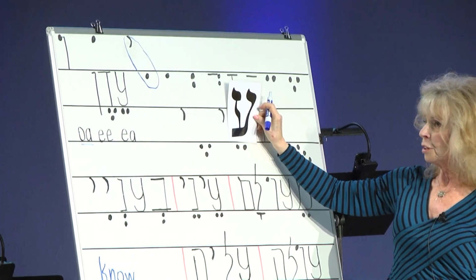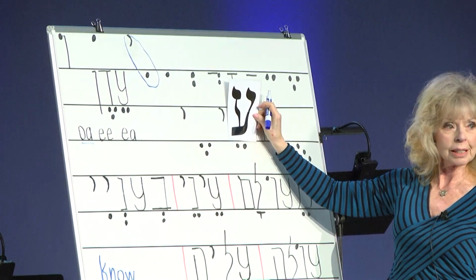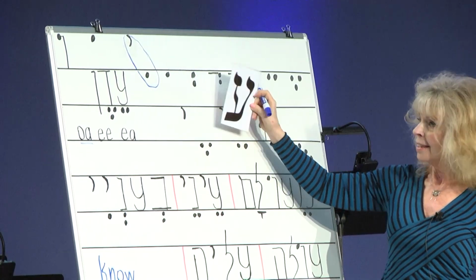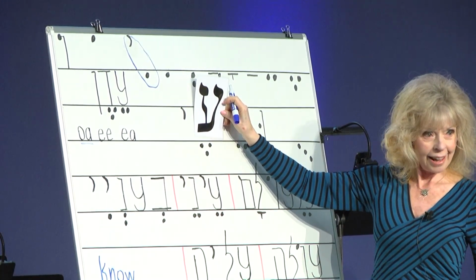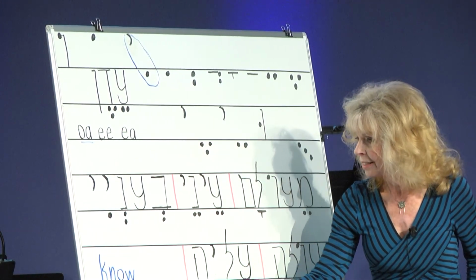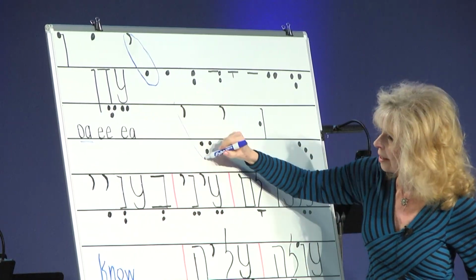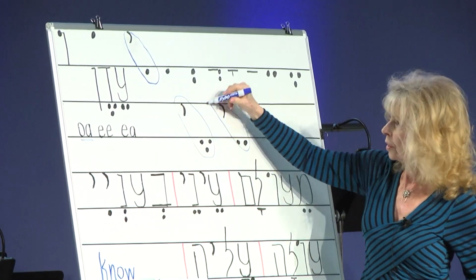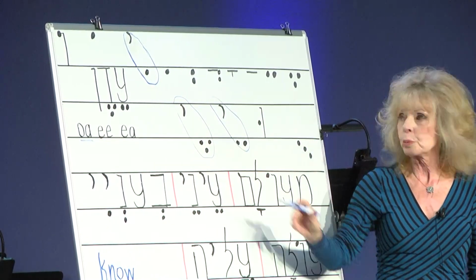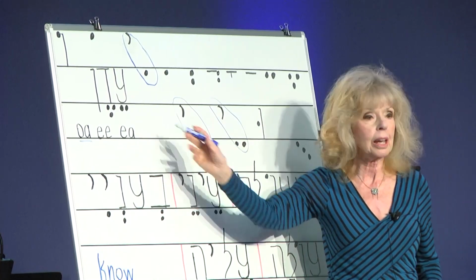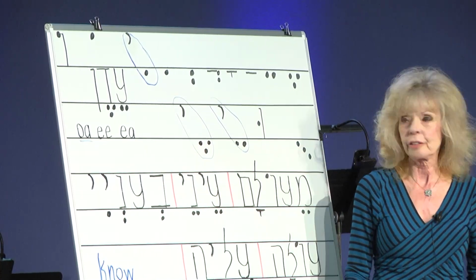Now here's the yud working together again. So what's it going to say? A and A. Okay. Excellent. So just remember that when you see that yud over there with no vowel point underneath it, it's working with this vowel, just like we have in English, two vowels that work together.